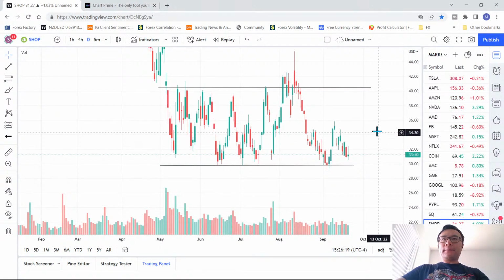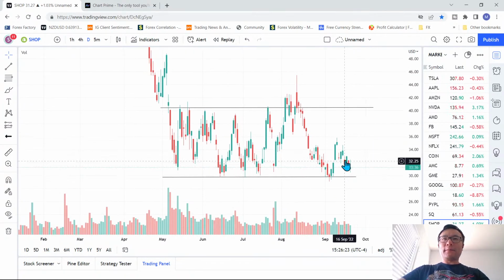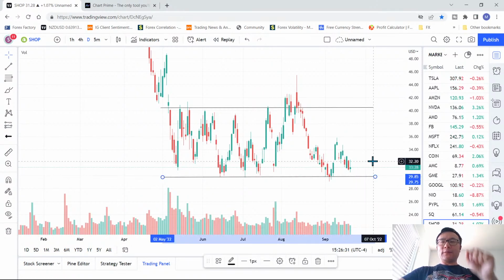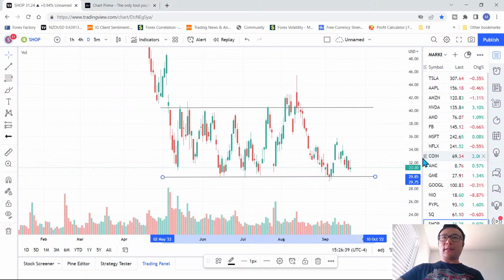But again, I don't know, I'm not too crazy on it. It's holding support right here, but again, it's very similar to all the stocks that I've been iffy on, because you're essentially buying the stock at support.